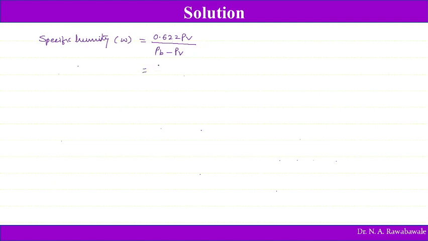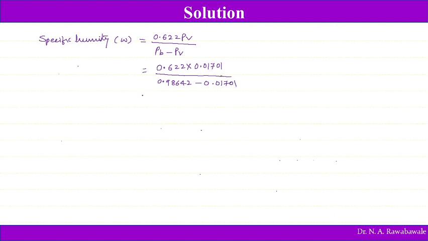So we only need to substitute the values: 0.622 into PV, which we calculated in the previous case, 0.01701, divided by PB, which we calculated as 0.98642, minus PV, again 0.01701.